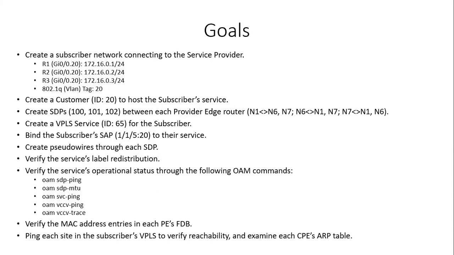So say our MTU across a given circuit was 4,000, and we specified a minimum of 3,000 and a maximum of 9,000, and we wanted it to step by, I don't know, 1,500 bytes.